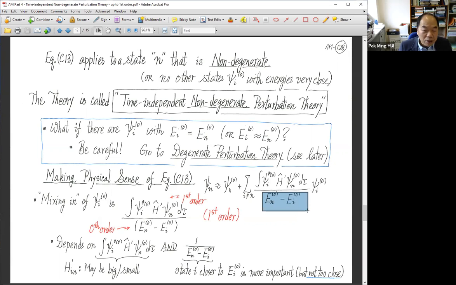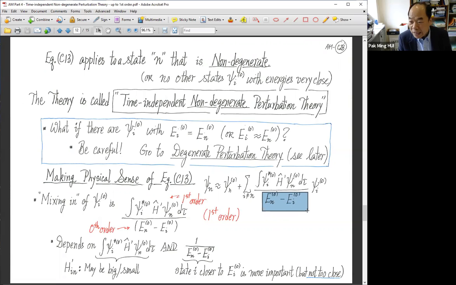So not necessarily zero, that is the worst case, okay? But for the nth one that you're asking about, if you see there are some states that are very close, then it is already a warning sign. Be careful, okay? Don't overuse or abuse this non-degenerate perturbation theory, okay? Get me?